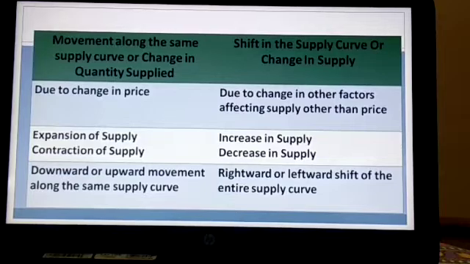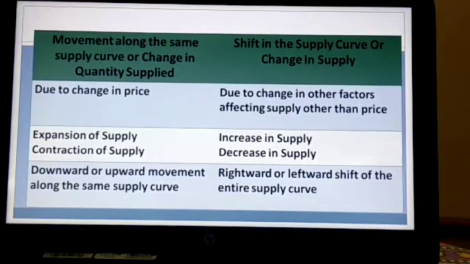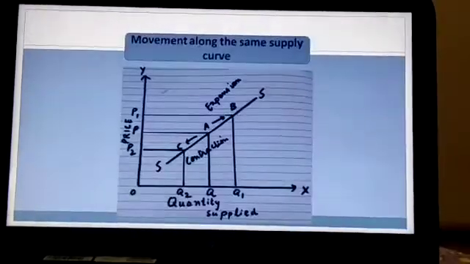There are two kinds under movement, expansion of supply and contraction of supply, and in shift there are two concepts, increase in supply and decrease in supply. In movement there is downward or upward movement along the same supply curve, and in shift there is rightward or leftward shift of the entire supply curve.